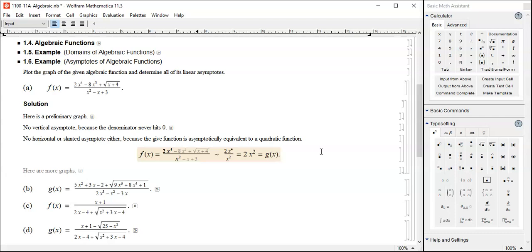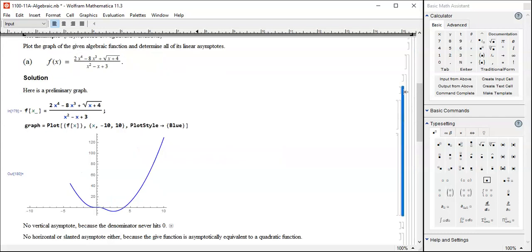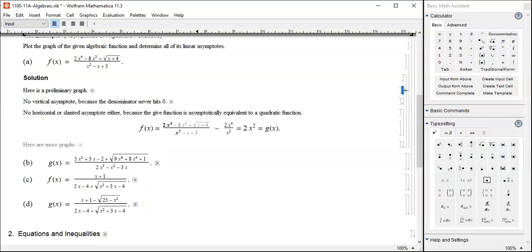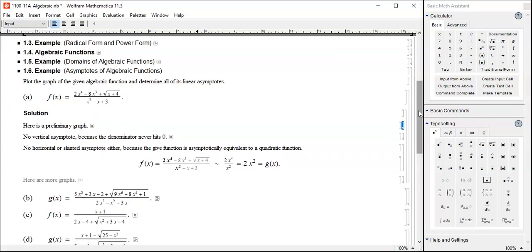We have 2x to the 4th power over x squared, so that's 2x squared, and thus this function behaves kind of like a quadratic function, a second power function, so it's going to be a U-shaped function, as you saw before. So, no horizontal asymptote, no slanted asymptote.